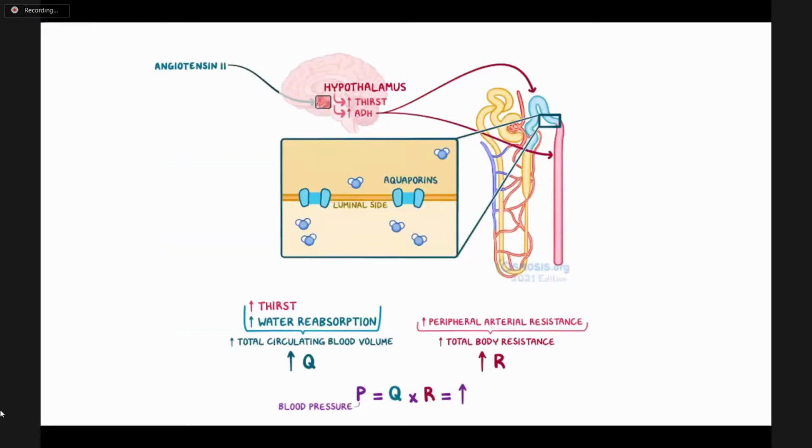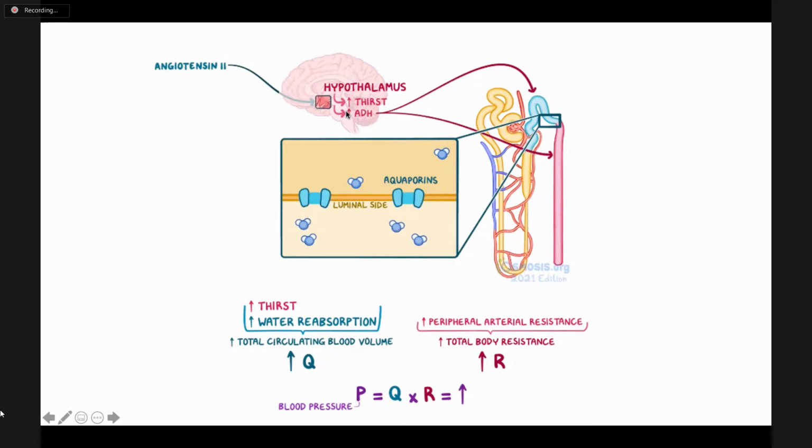And then next, angiotensin 2 will also affect the hypothalamus. It will stimulate the thirst center to increase your fluid intake, and then it will stimulate the release of antidiuretic hormone.